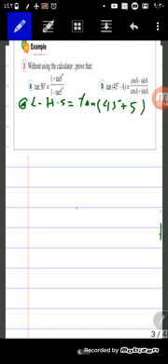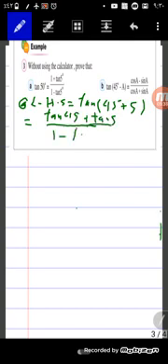We know that 45 plus 5 equals 50. We can apply the first rule: tan 45 plus tan 5 over 1 minus tan 45 tan 5.